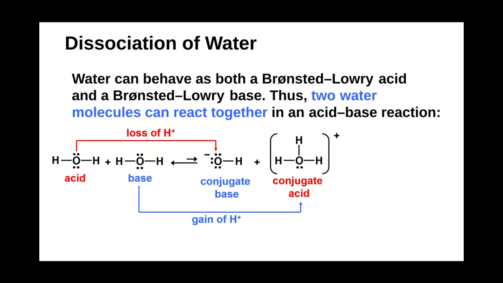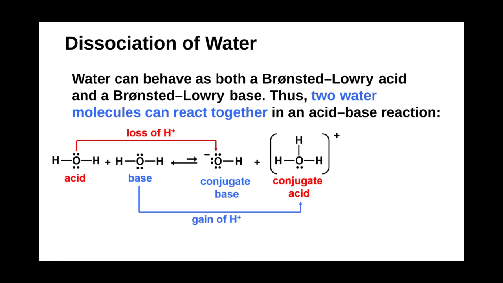Now, water, as we've hinted at but haven't exactly said, can be a Brønsted-Lowry acid or a Brønsted-Lowry base. So water continues to be spectacular in terms of things it can do. Remember, water is amazing, right? It's not just amazing because it gives life, but for all its crazy properties.